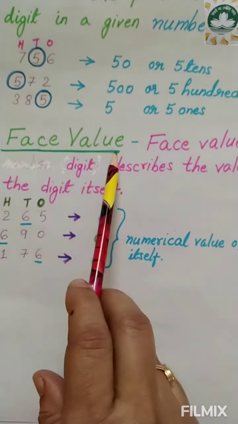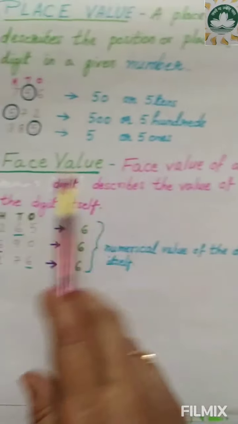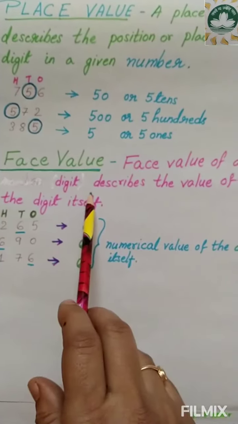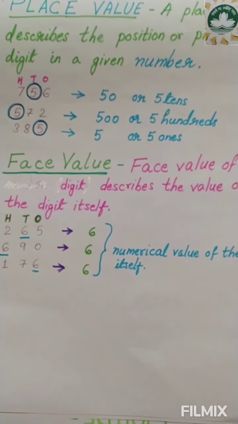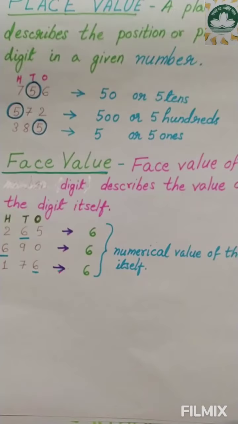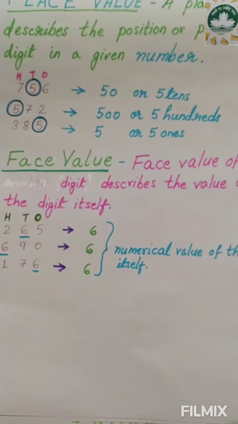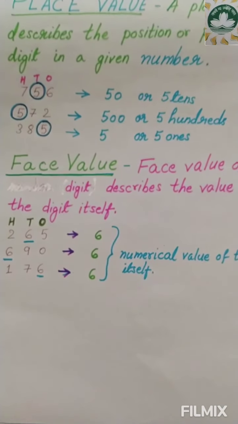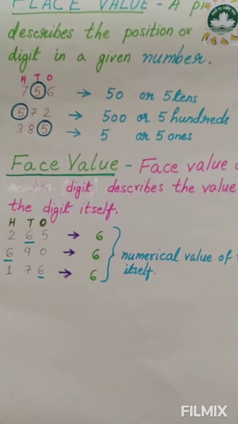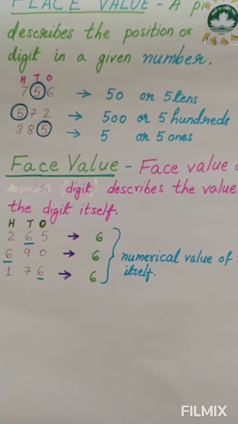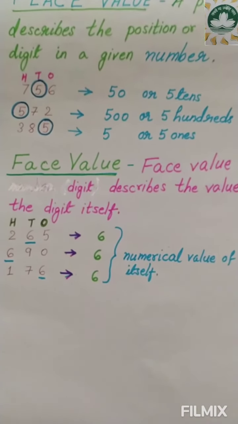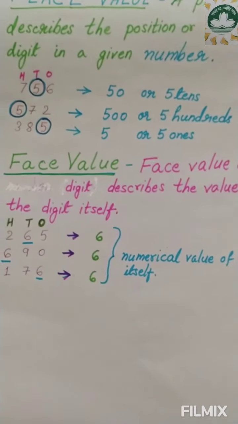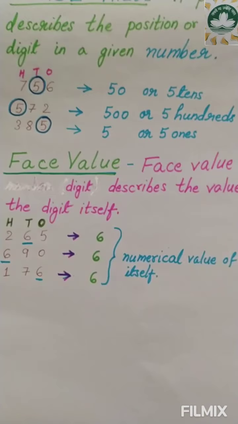Coming to the next one, the face value. Face value of a digit describes the value of the digit itself. Like, suppose your face. Will your face change when you come to school and when you go back home? No, your face will remain the same. But if someone asks your parent, where is your daughter or where is your son, your mother or father might say that, oh, she or he is in the school right now.